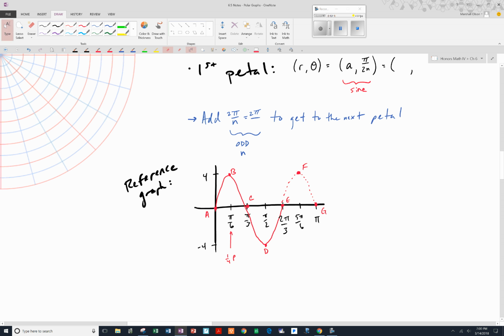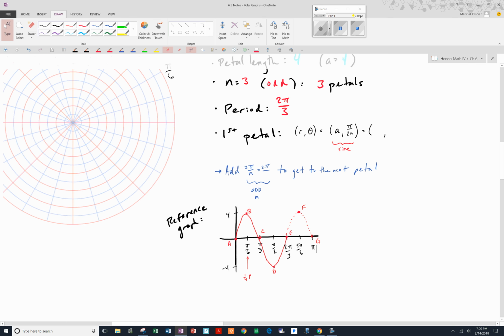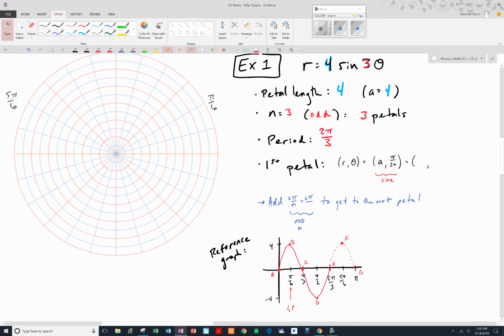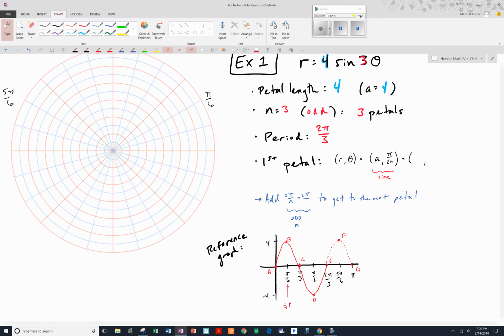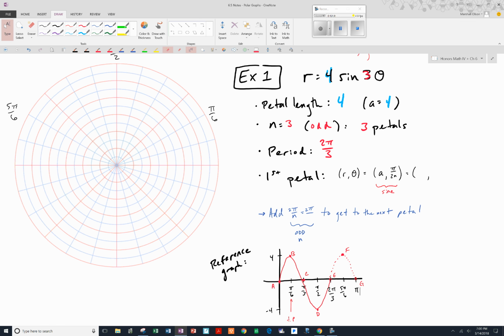So here we go. We're going to graph our polar graph here and talk about what it means to be graphing a polar graph. What we're doing as we graph a polar graph is graphing values of theta between either 0 and pi or 0 and 2 pi.